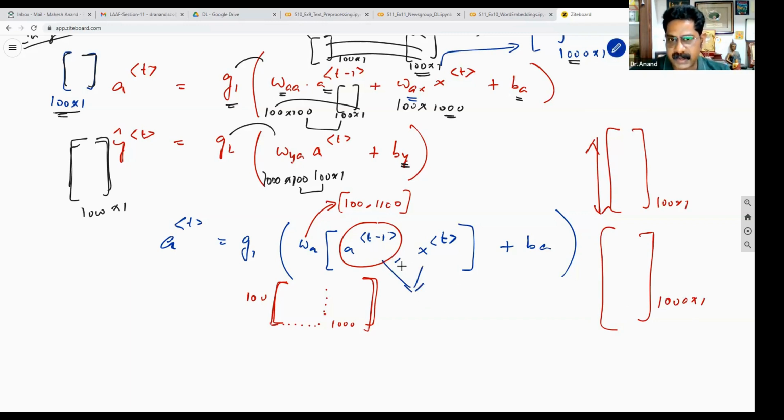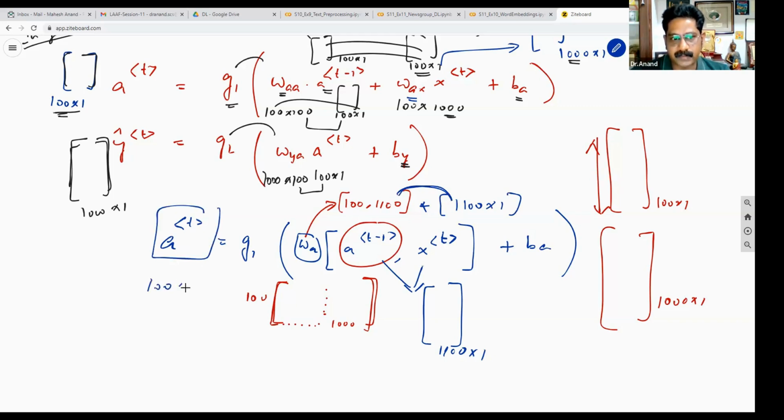The comma means concatenation here. So the overall representation is 1100 by 1. This WA effectively is going to perform matrix multiplication with 1100 by 1, so it is compatible to yield A of t of size 100 by 1.